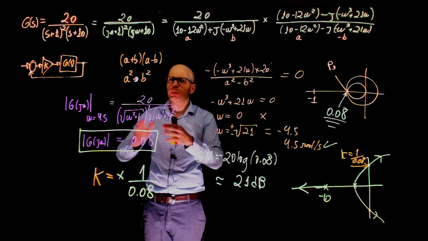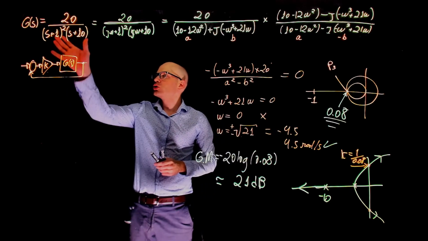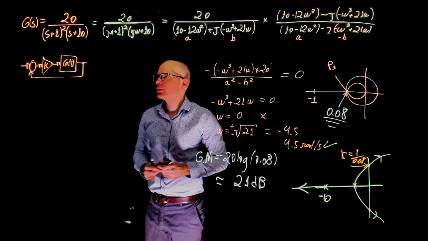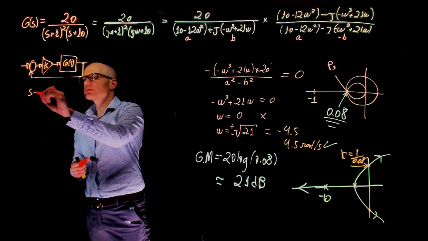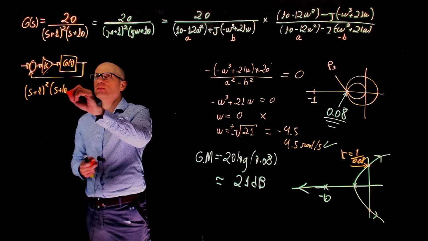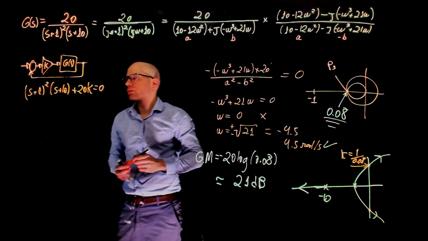Well, let's check that with Routh Hurwitz. If you want to check the Routh Hurwitz, we need to take the closed loop transfer function and look at the characteristic equation of the closed loop transfer function, which clearly is (s plus 1) squared times (s plus 10) plus 20k equals 0.